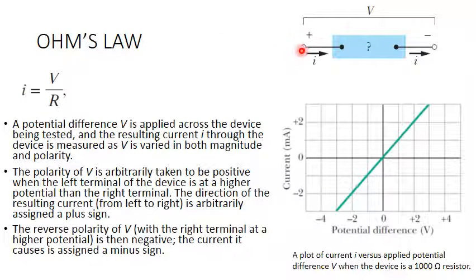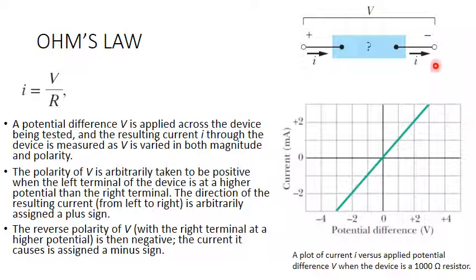So, for example, if the potential at this point is positive and the potential at this point is negative, or this potential is higher than this potential, then the electric current will flow from the higher potential to the lower potential, and the value of the current would be V over R. So if I increase the potential V, the current would be increased.